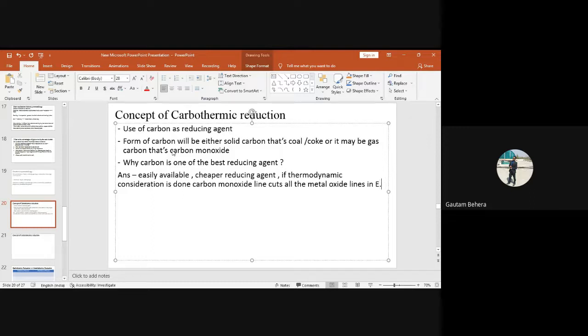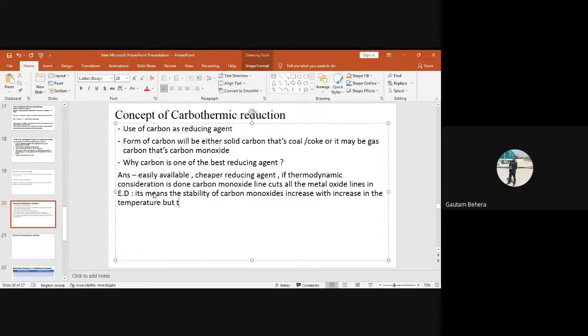ED means Ellingham diagram, right? So if thermodynamic consideration is done, carbon monoxide line cuts all the metal oxide lines in Ellingham diagram, right? What it means? It means the stability of carbon monoxide increases with increase in the temperature. So higher is the temperature, higher is the stability of carbon monoxide.